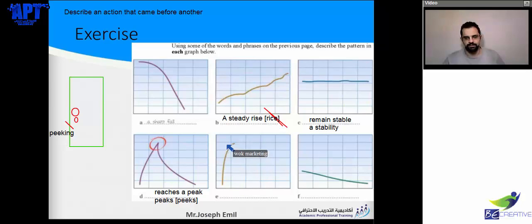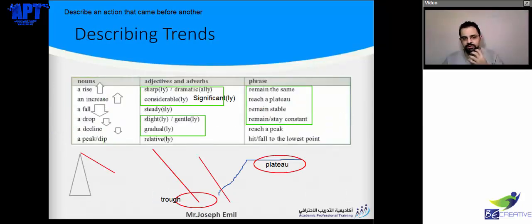So, what's that? I think it's also a sharp rise, but let's use other words. So, a dramatic increase. Here, it can be a slight fall, okay, or maybe a gentle fall.